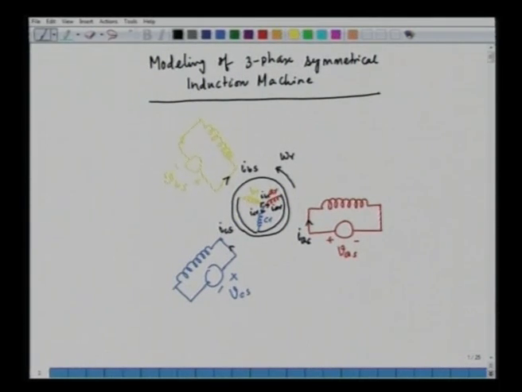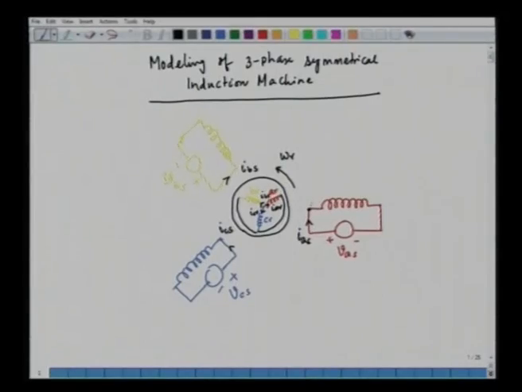As per the Kron's primitive machine model, we assume that the terminal closer to the center is positive. So you can see that in this winding, this terminal is close to the center compared to the other terminal. So we have assumed that this is a positive terminal. Similarly for the rotor, the currents are entering the positive terminals of the winding, as per the convention of the Kron's primitive machine model.